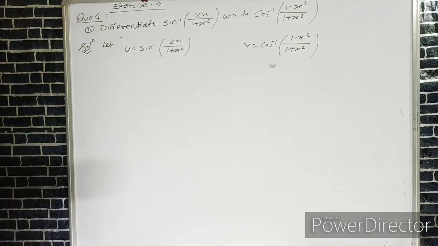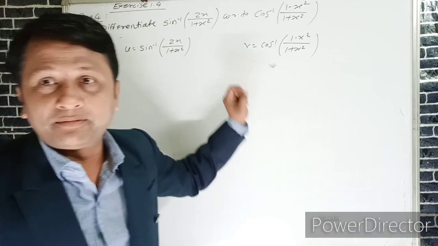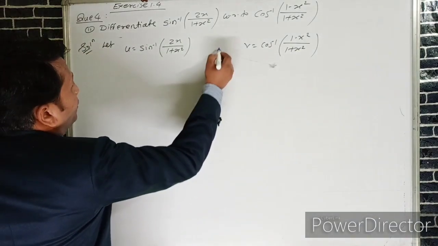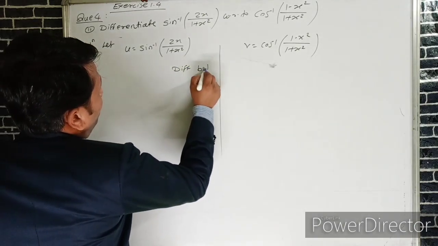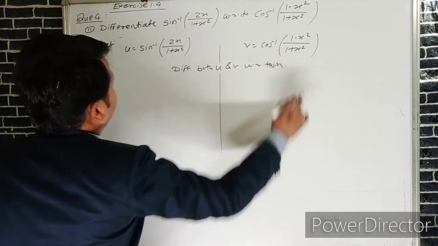It is clear that we have to find the derivative of u with respect to v, that is, we have to find du upon dv. First we differentiate both u and v with respect to x.